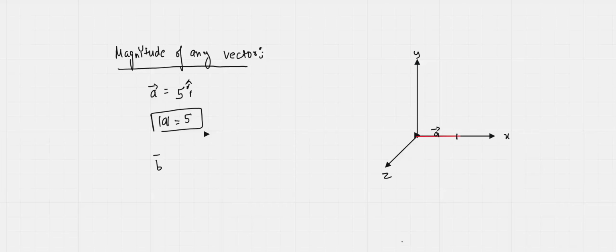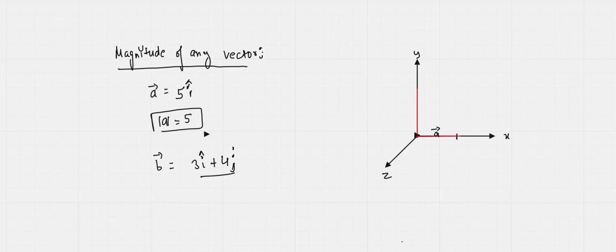Assume I have another vector b and I'm writing it as 3 times i plus 4 times j. Now how will it look? Magnitude is nothing but the exact value, the exact length. So I will simply say this is 3 meters on the x, and 4 on the y.